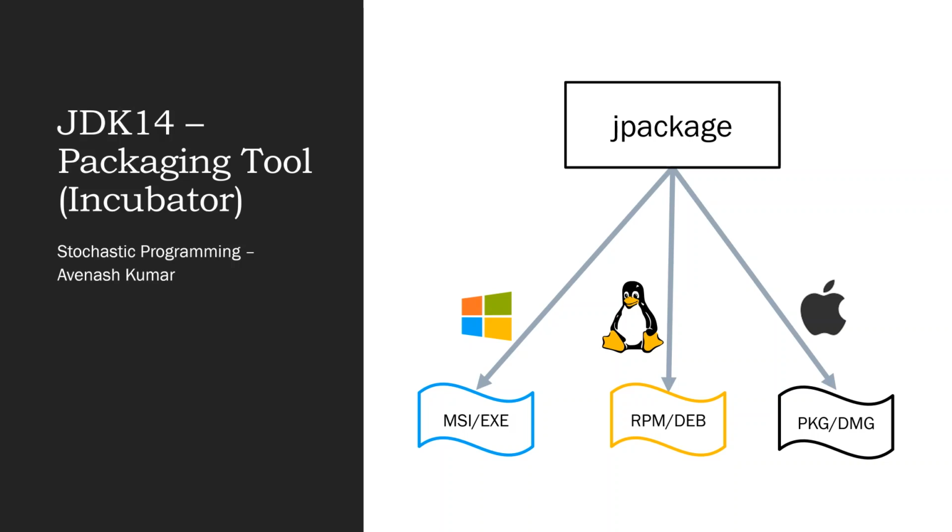So with this tool, application developers can package their jar files or application files directly from the native tool itself rather than using third-party dependencies. Based on the requirements, they can create an MSI for Windows users, RPM or APK packages for Linux or Unix users, and similarly a DMG file for Mac OS.